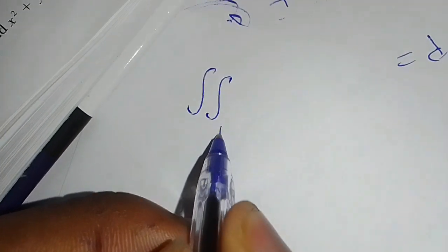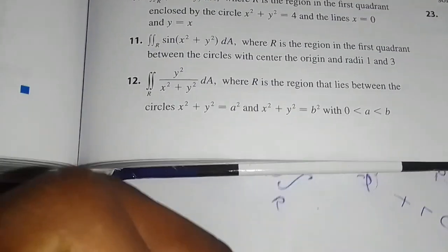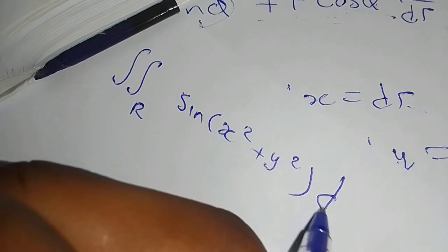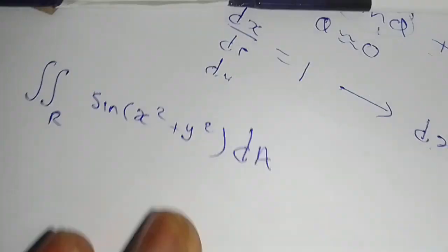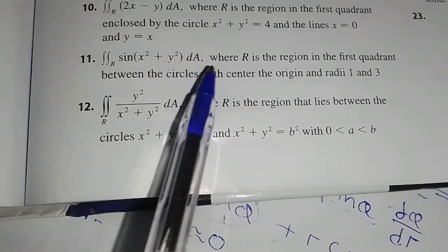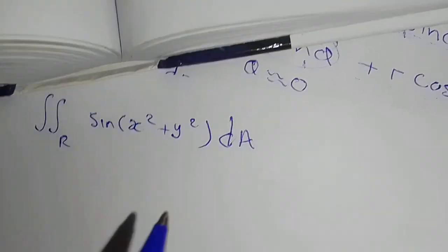So we want to find the double integral over a region R of sine of x squared plus y squared dA. So in this case, R is the region in the first quadrant between the circles with different radii.